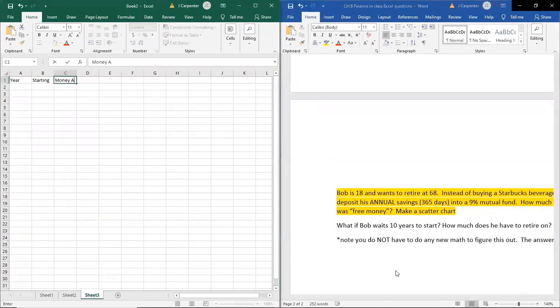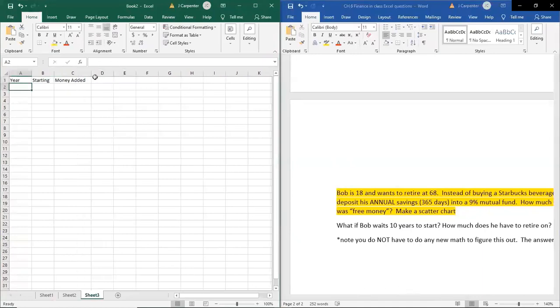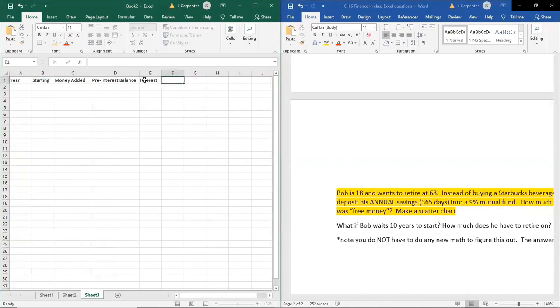So I need a column for money added each year. Then I'm going to have a column for how much we have before we get interest. Then I'm going to have a column for how much we actually get for the interest, and then for the ending balance.